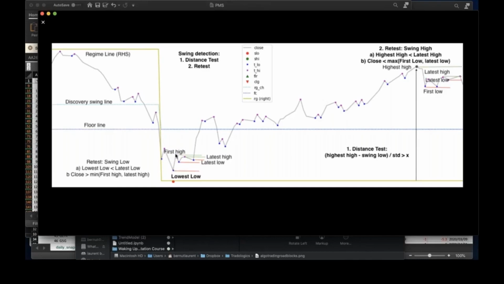We go subsequently and we measure the first high. The market rebounds, but in this case it took the previous low, not working. It goes down, goes up, but it takes this one. And in this case, it starts not to take out the lowest low. So the retest is here.